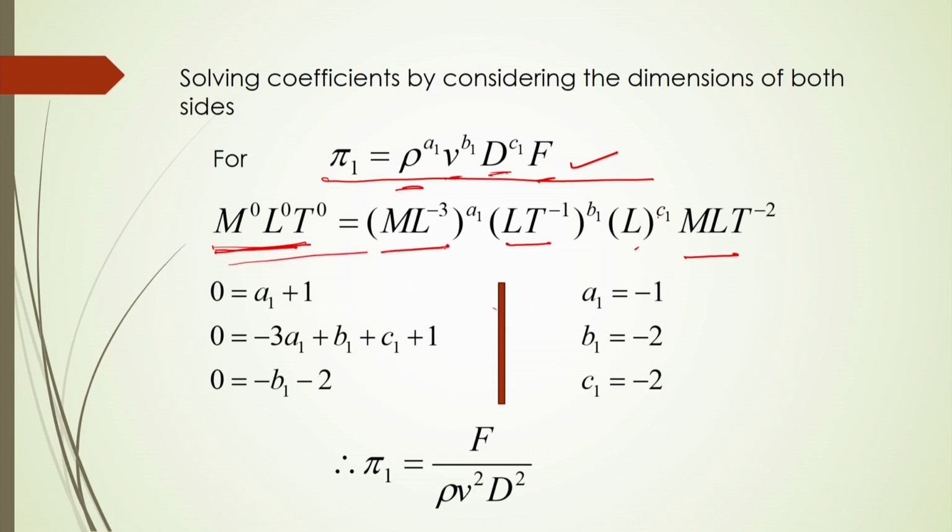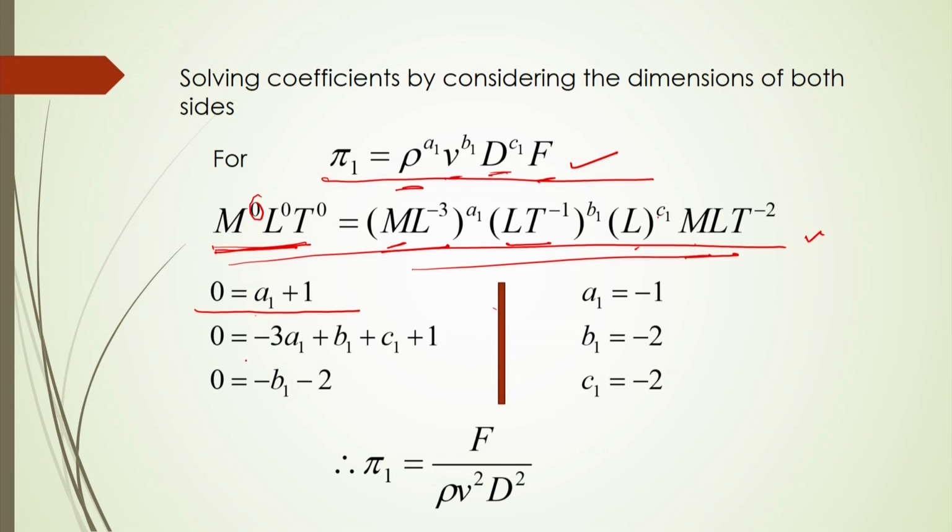Now, comparing these dimensions from both sides of this equation, if I consider M first, for M the power on the left hand side is 0, and on the right hand side the power is a 1 and another M is 1. So, it will be a 1 plus 1 on the right hand side and 0 on the left, so 0 is equal to a 1 plus 1.